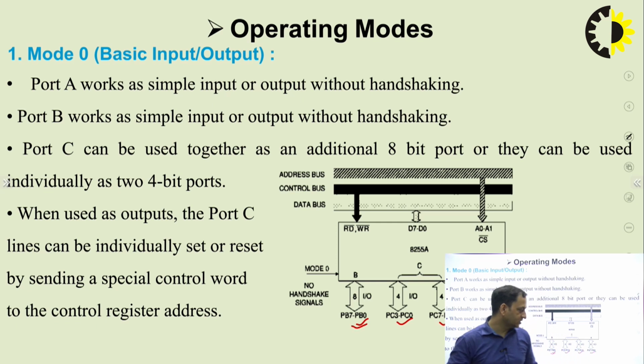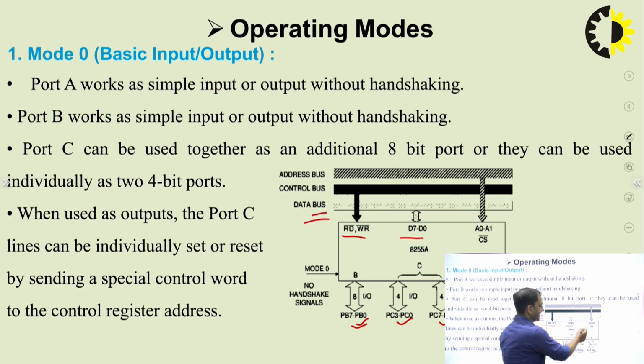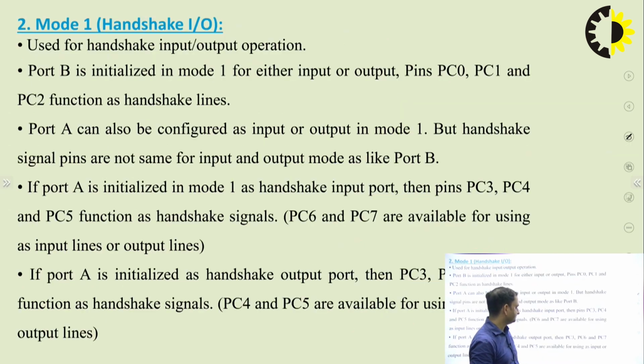This is the mode of operation used in mode 0, where read and write are the control signals coming from the control bus, D0 to D7 are connected with the data bus, and A0 and A1 are the address lines coming from the MPU. Okay, and CS bar is the chip select which enables or disables the 8255 IC.